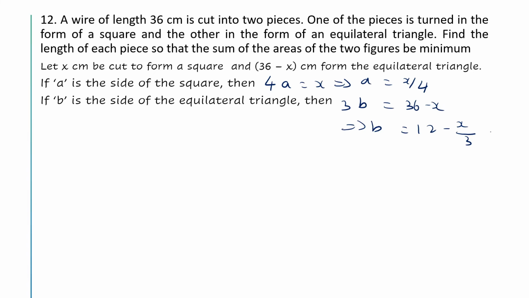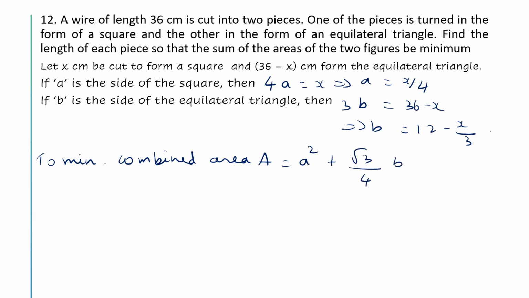Now we have to minimize the combined area. Area of the square is given by a square and the area of the equilateral triangle is given by root 3 by 4 b square. So A is x by 4 whole square plus root 3 by 4 into 12 minus x by 3 the whole square.